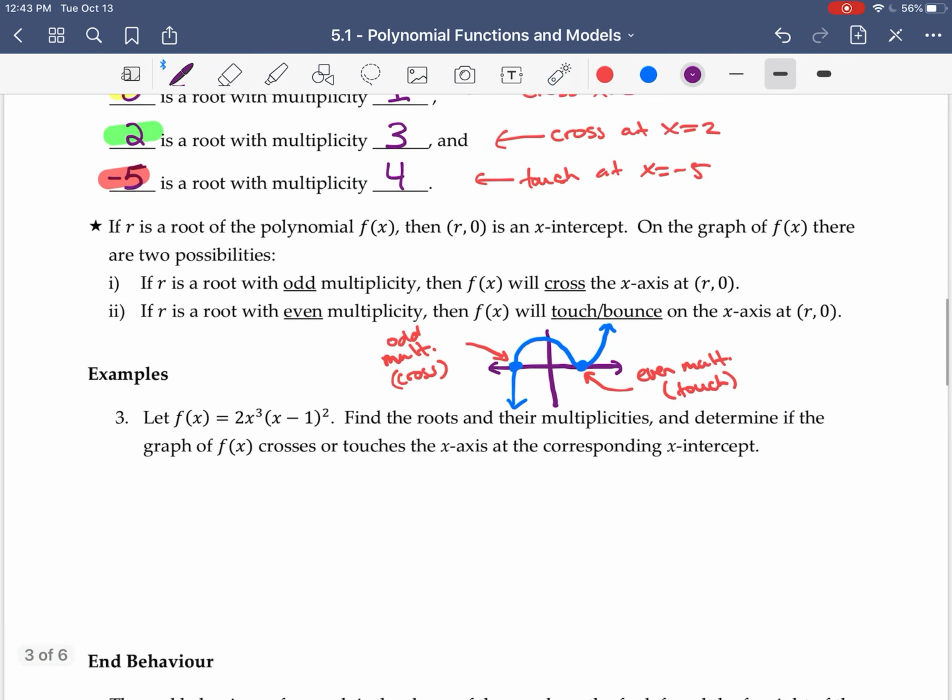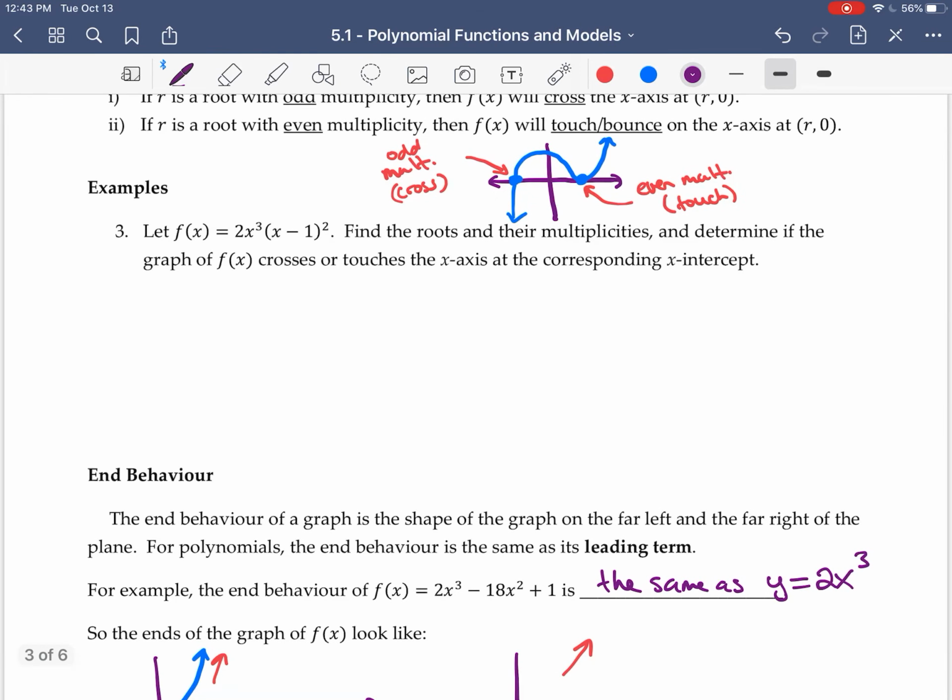So let's look at example 3 here. We have the function 2x cubed times x minus 1 squared. We want to find the roots, their multiplicities, and then determine if they cross or touch the x-axis at their x-intercept.